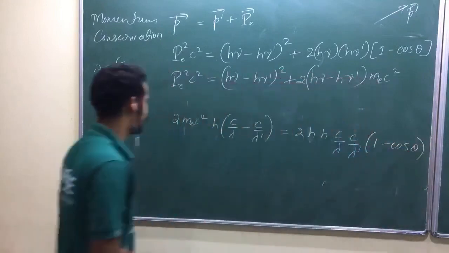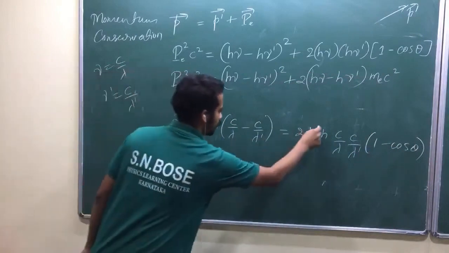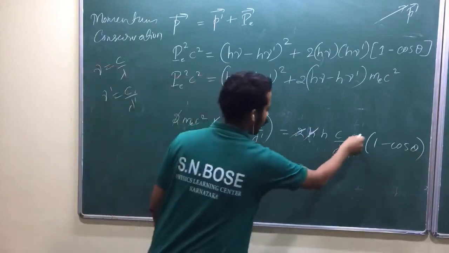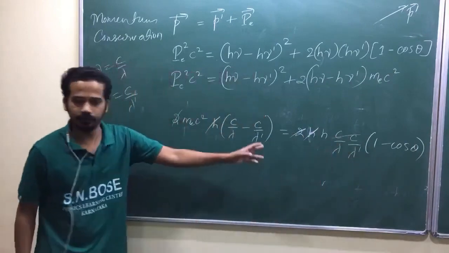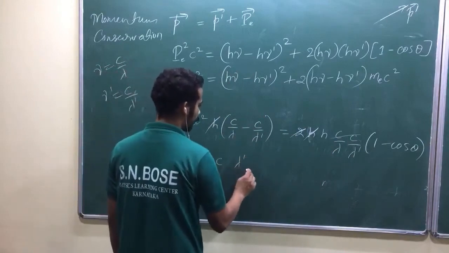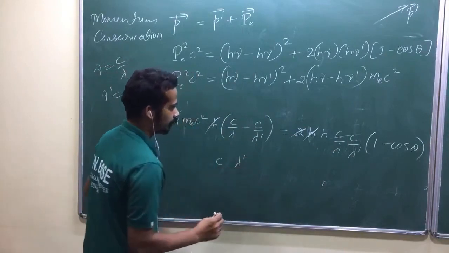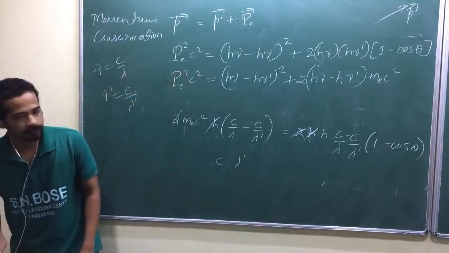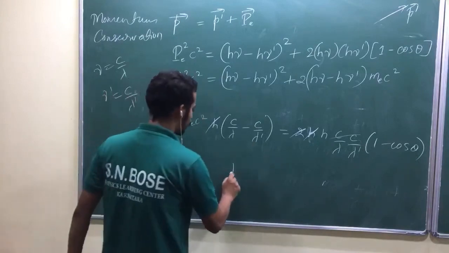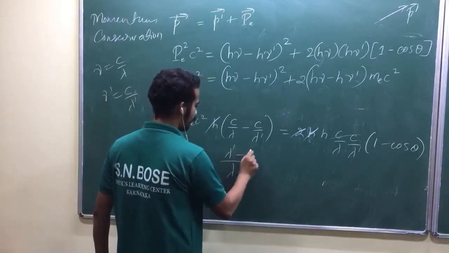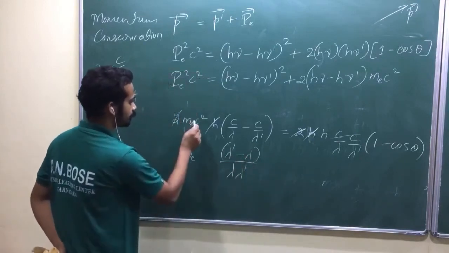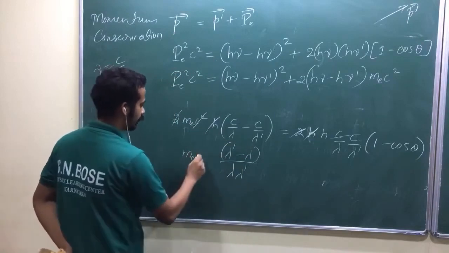Now if you manipulate again, you can cancel out c square. Now if you take the LCM and rearrange, we get c lambda prime minus lambda, c outside, me, I think I have cancelled out c square, me into c.